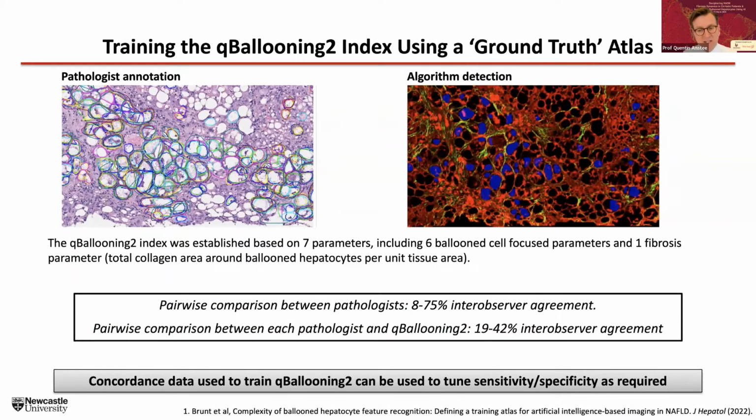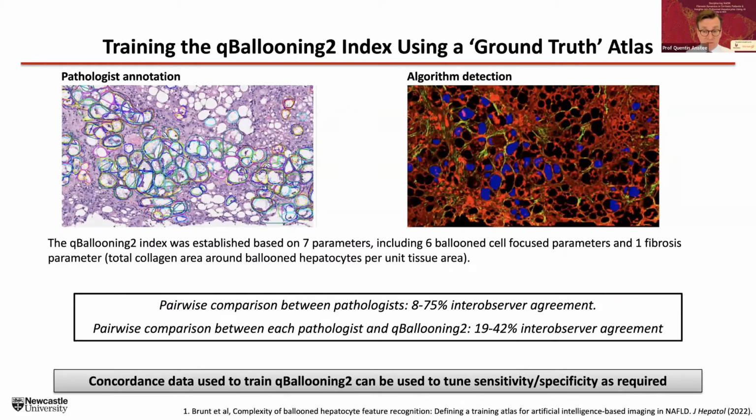Thinking about it in a slightly different way, just to try to help us get a handle on what this means, earlier on, I showed you that the pairwise comparison between individual pairs of pathologists varied between 8% and 75%. And when we repeat that exercise, comparing Q ballooning 2 to pathologists A, B, C, D, and so on, again as a pairwise comparison, we found that the agreement here ranged between 19 and 42%.